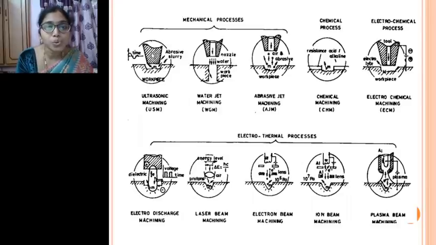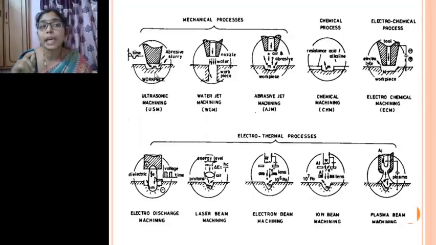Now this tool will be given ultrasonic vibrations. As the tool vibrates at ultrasonic frequency, it imparts that motion to the abrasive particles between the tool and the workpiece. Here in an unconventional machining process, there is no direct contact between the tool and the workpiece.